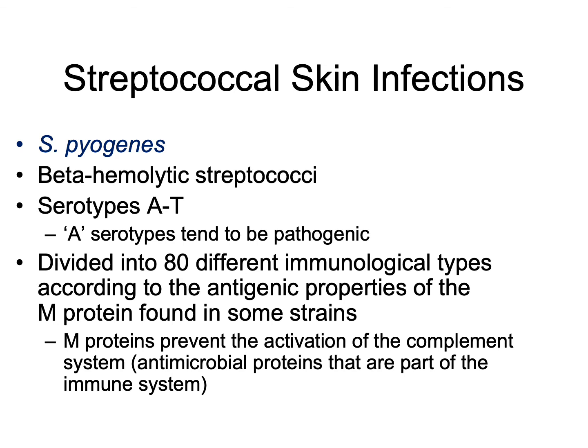Streptococcus pyogenes has M proteins that can prevent the activation of this protective part of our immune system. It can prevent it from fencing it in, from stopping it from causing an infection. There are many different things that bacteria have that can help protect them, that they can have virulence factors, and Streptococcus pyogenes has quite a few, and these are the first ones that we're going to talk about.